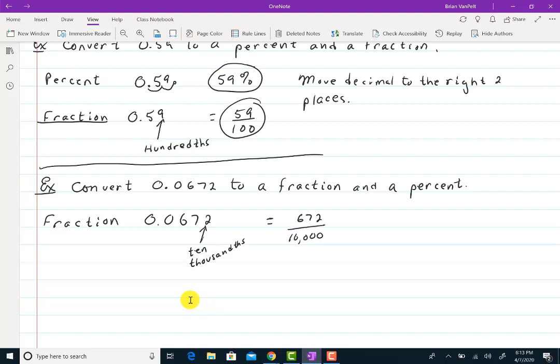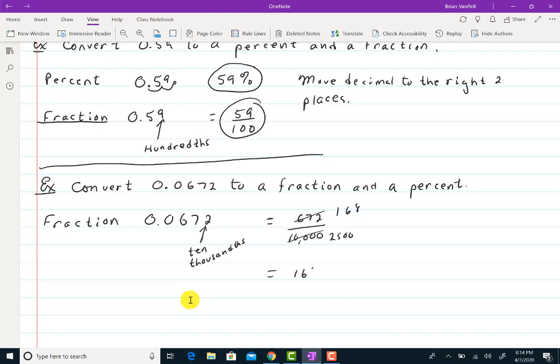Now, it's quite possible that you're going to be asked to write that into lowest terms. So for that, I don't see a fast way of doing anything other than if I divide the top by 4 and the bottom by 4, I'm going to get 2,500. But if I divide the numerator by 4, I'm going to get 168.